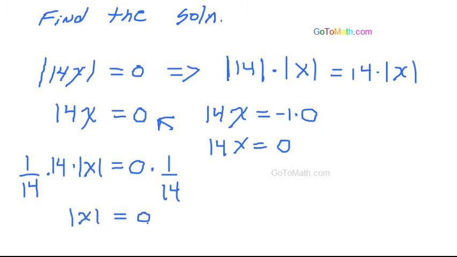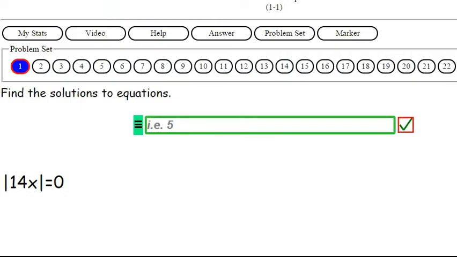The only solution to this is 0. Plug 0 in, and it's equal to 0. So you can break these absolute values down, as you can see here. So the only solution is 0.